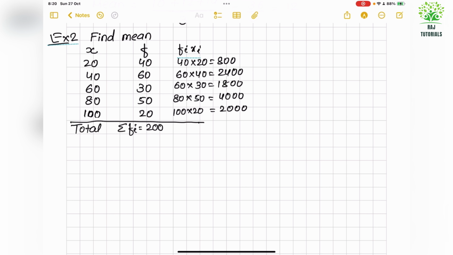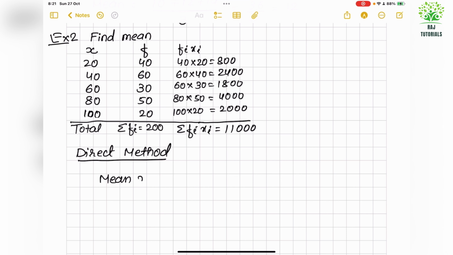Now we will be adding them also, which we call sigma fi xi, that is summation of fi xi. So this is coming as 11,000. Now the direct method says, the easiest method where values will be bigger but the calculation will be shortest.